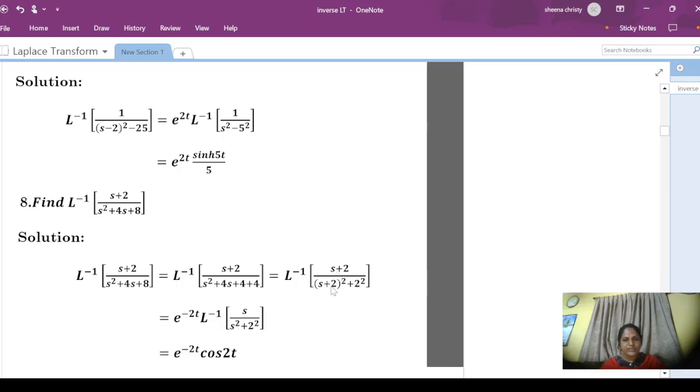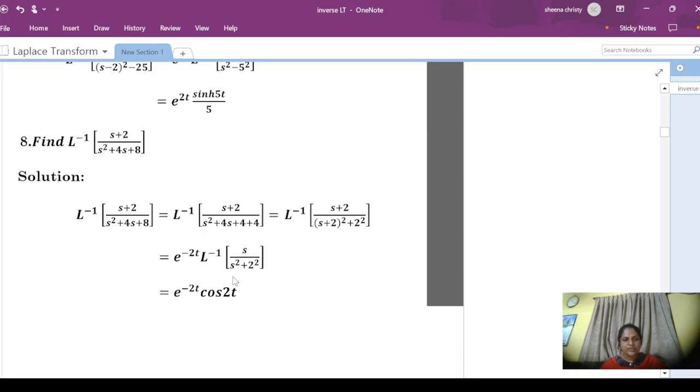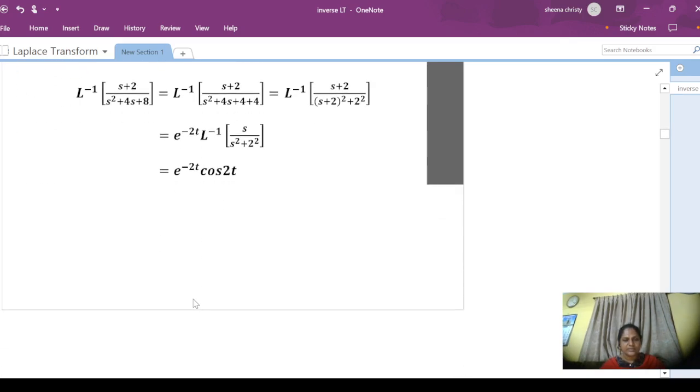So s plus 2 here and s plus 2 there, therefore it can be written as e power minus 2t L inverse of s by s square plus 2 square. The formula for L inverse of s by s square plus a square is cos at. So a equal to 2, therefore e power minus 2t cos 2t is what you will get.